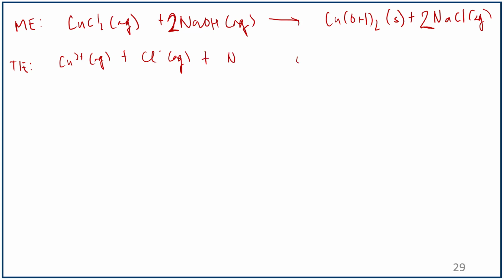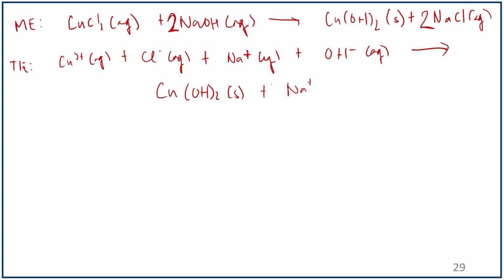So plus Na plus aqueous, plus OH minus aqueous, going to form copper hydroxide, which stays intact, copper 2 hydroxide solid, plus sodium plus plus chloride minus aqueous. Then to balance this equation, we just need to put a 2 before hydroxide.